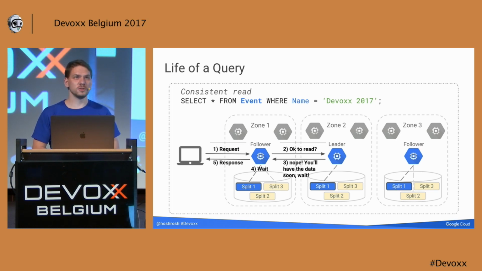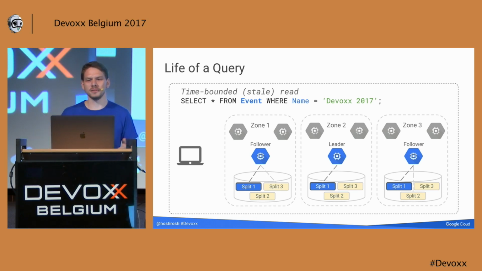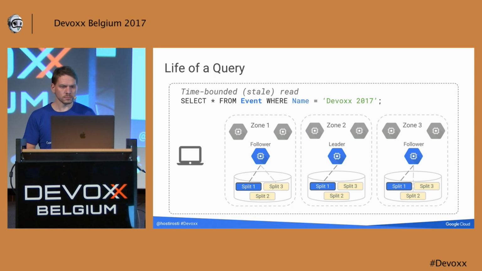Now, there's a feature in Cloud Spanner which is pretty powerful, especially in the global replicated case. We call that consistent stale reads, or time-bounded stale reads. They are still strongly consistent. With the timestamp that we use with TrueTime, we always have a consistent state, and we can travel back in time in a multi-version database system kind of manner.